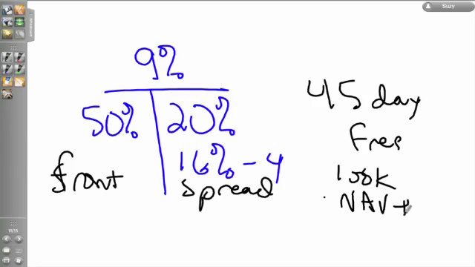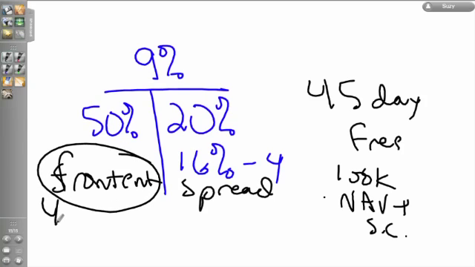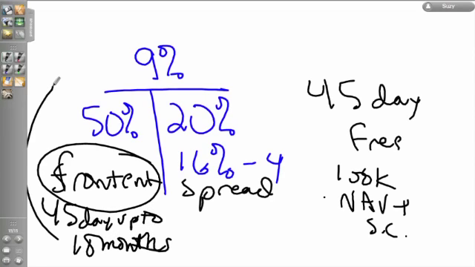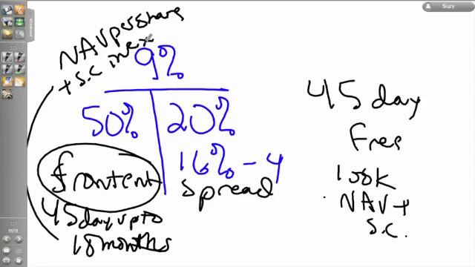NAV plus sales charge. It's this front-end load that has an additional refund provision, 45 days up to 18 months. If the client wants out, they're going to get NAV per share plus a refund of sales charges in excess of 15%.